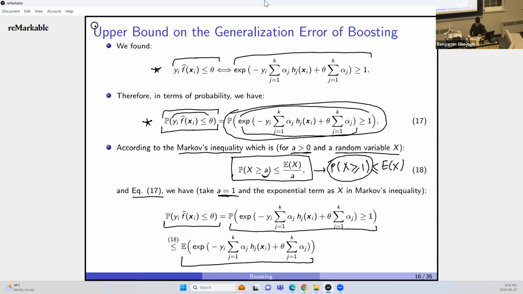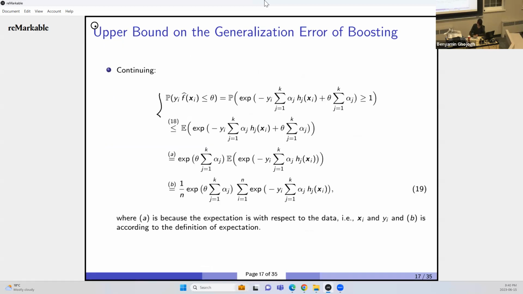Now, we continue with what we found. We already talked about these two lines. Let's continue. We know that expectation is with respect to the data, xi and yi. Therefore, this term is not dependent on data, so I can bring it out of the expectation.